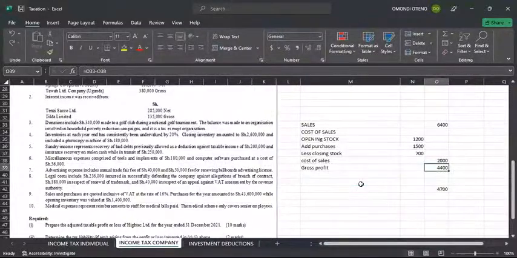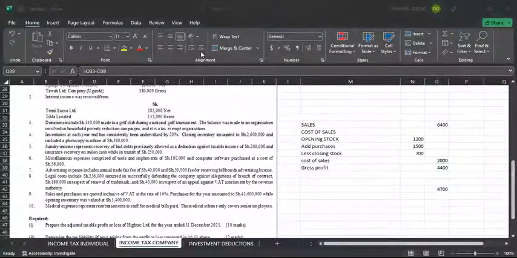Imefanya nini? Our profit has reduced from 4,700 to 4,400. So what has happened? If you put the real value of closing stock, our real profit is now 4,400.